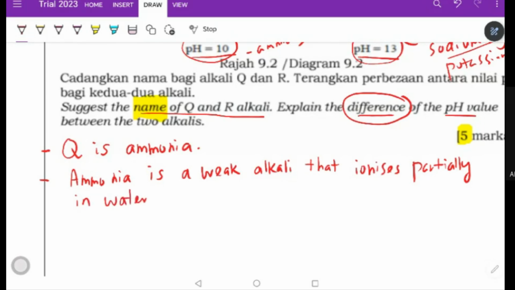In water to produce high or low concentration? Low concentration of what ions? Hydroxide ions.